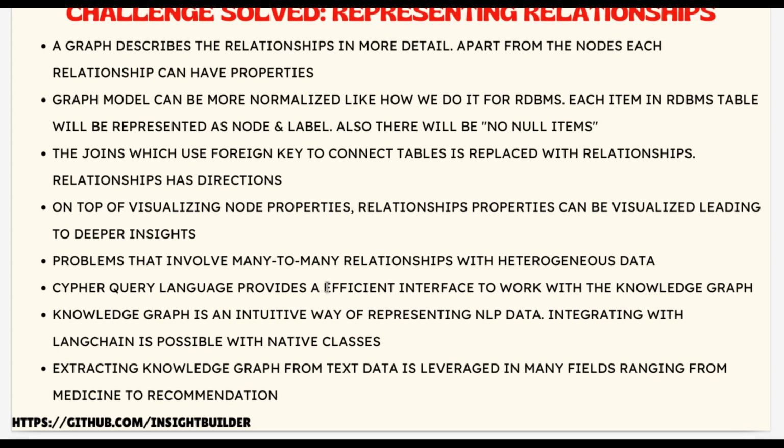Apart from that, I already told you that a knowledge graph will be used for providing the relationship between entities, like person, place, location, the verb, parts of speech, and how each is linked with the particular document. So these are the various challenges that a graph database solves.